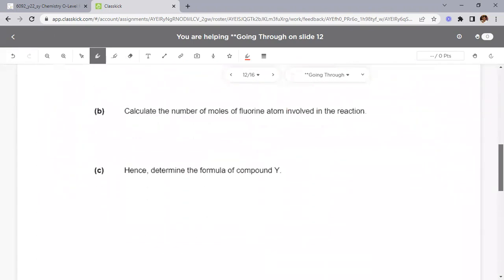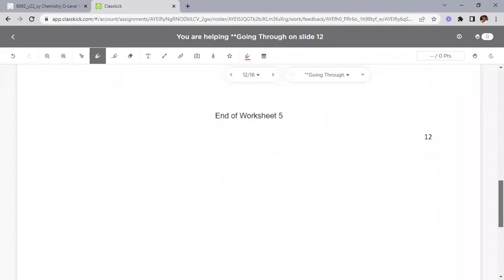And the homework I want to leave you with for today, let's go all the way down to the end of worksheet 5.